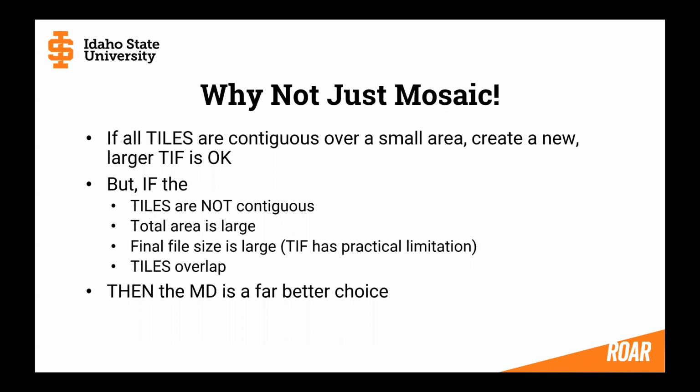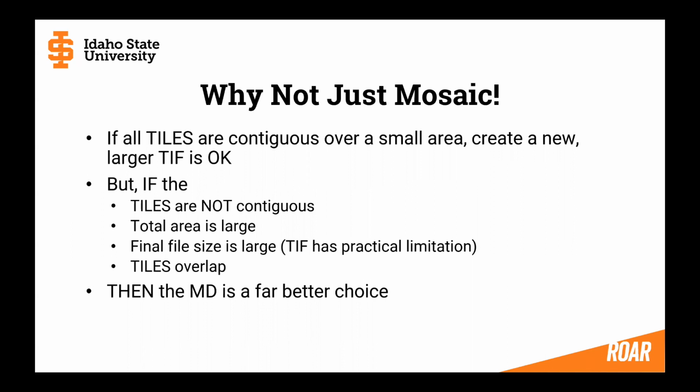Now, a person could say, well, hold on. Why not just mosaic those 6,000 files together, or those 6 files together, something like that? Well, if all the tiles are contiguous over a small area, creating a new, larger TIFF is okay. It's okay to do that.